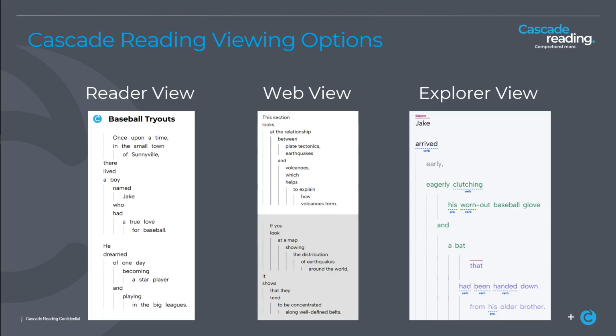Lastly, and the focus of the current video series, is the Explorer view. This not only allows you to transform text into the Cascade format like the reader view does, but it also allows you to add a lot more visual cues to grammar than this format alone can do. And let's dive into that a bit.